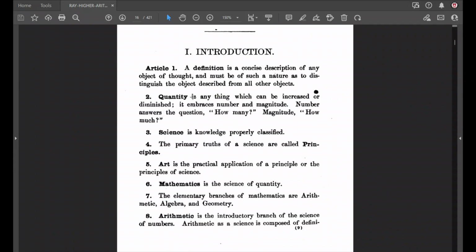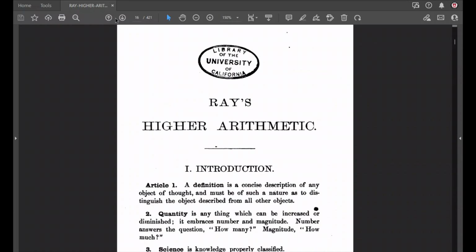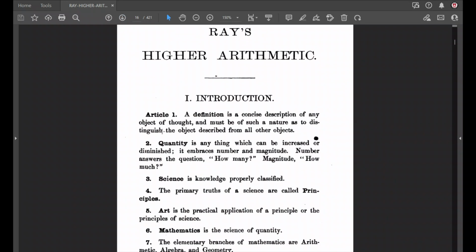Article number 8, the definition of arithmetic. Arithmetic is the introductory branch of the science of numbers. Arithmetic as a science, read that carefully one more time.